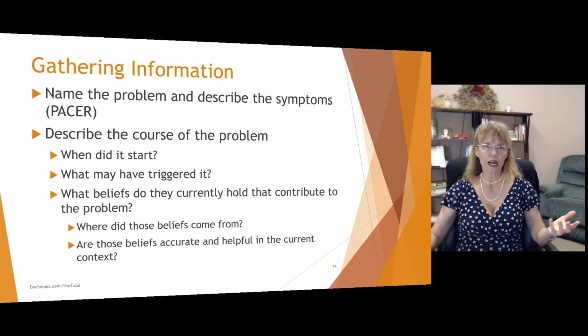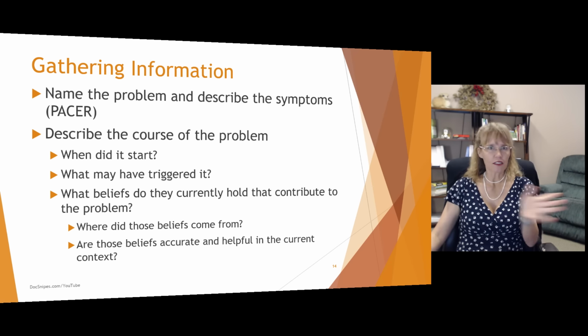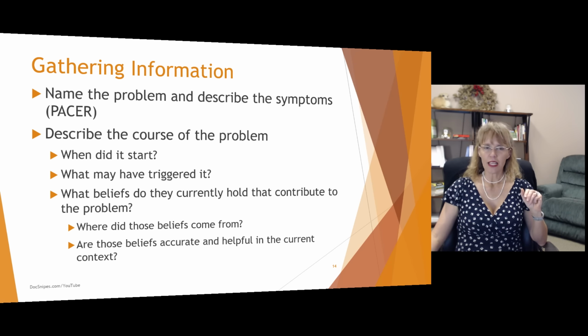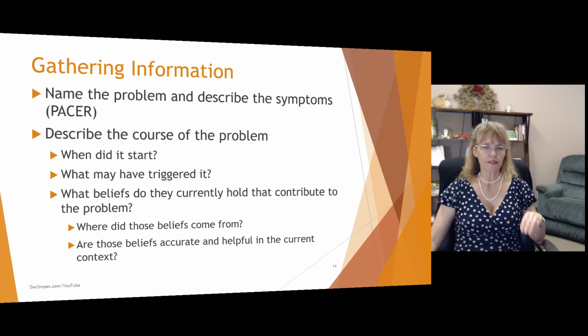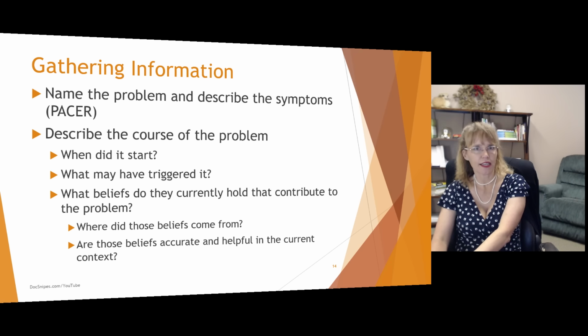For people who don't like to write, they can also just record it, and then you can run it through a transcription program. So we have talk to text, and then you can see what's going on. And then examine each of those beliefs for their accuracy and helpfulness in the current context.